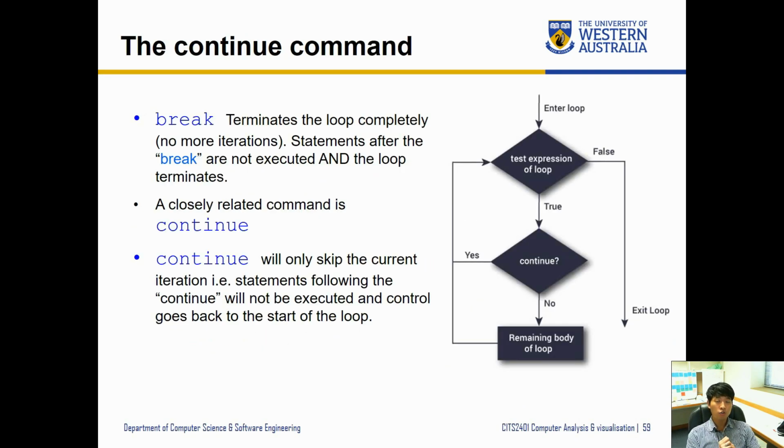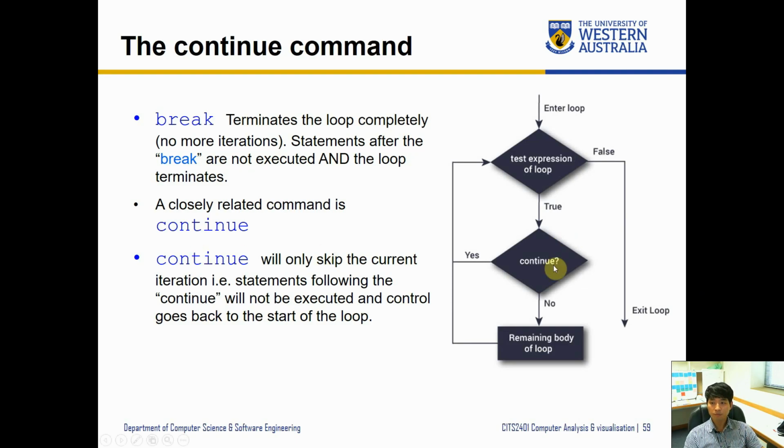Another one you should know is continue. So continue is often used to say continue from this particular expression. Where break terminates the loop, continue will only skip the current iteration and move on to the next iteration if you encounter some errors with the current one.